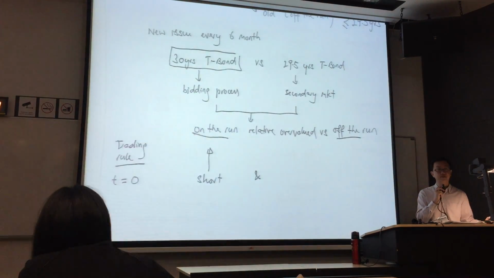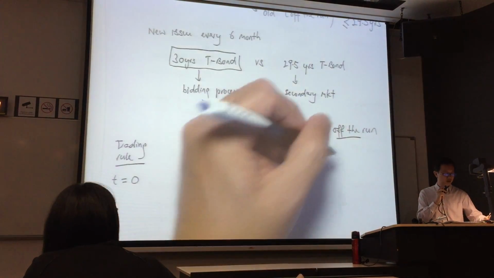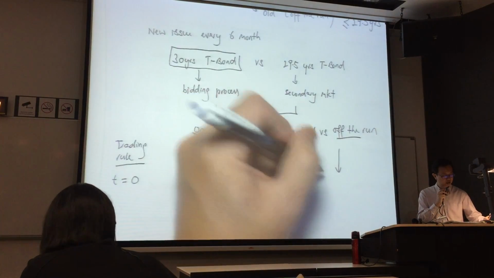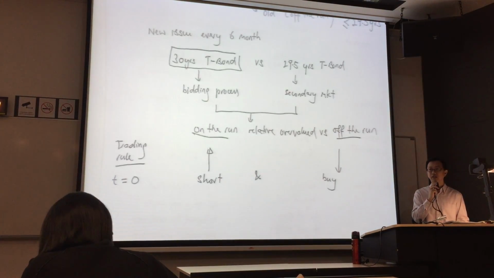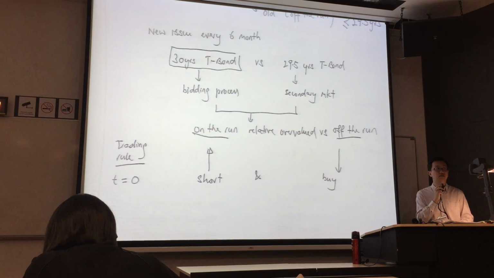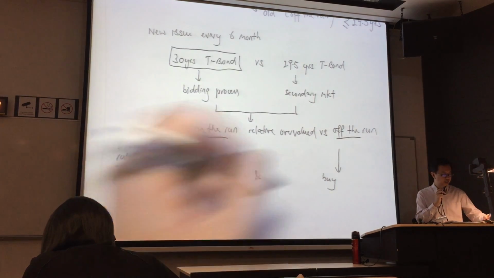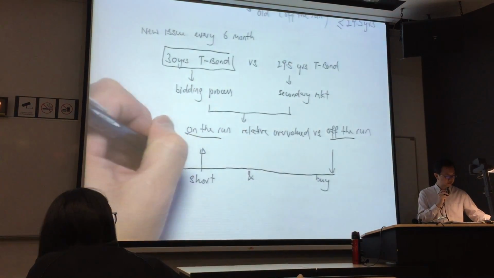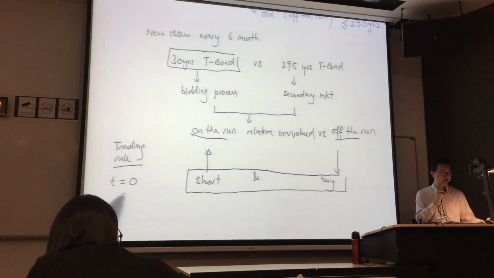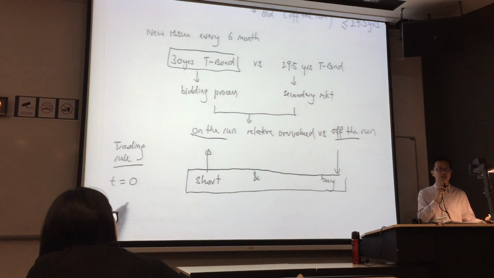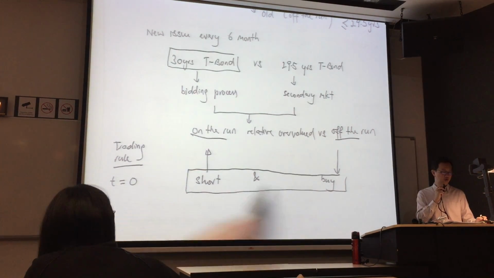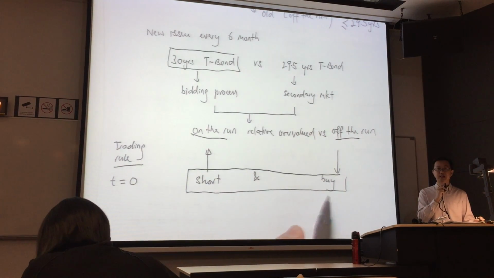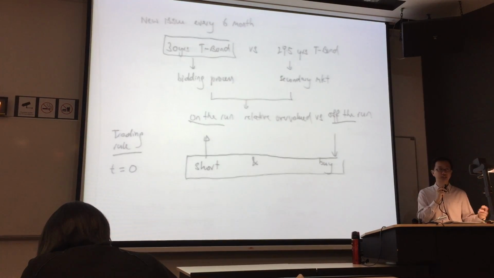At the same time, they will try to buy the off-the-run issue because it is relatively cheap. Okay? So this is done together. When the new issue is issued by the government, they will short the on-the-run issue and long the 29.5 years off-the-run issue. So they will wait for 6 months to pass.